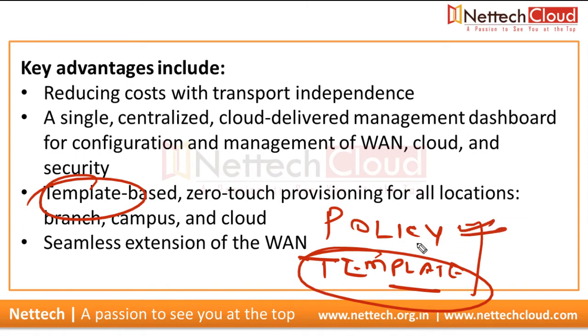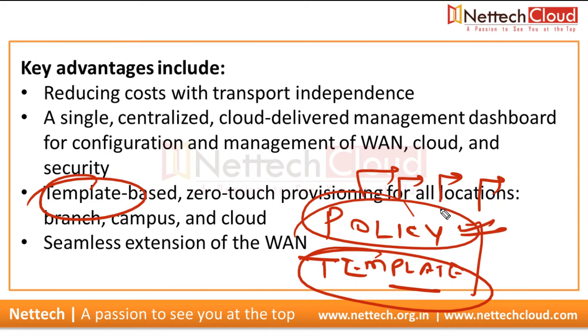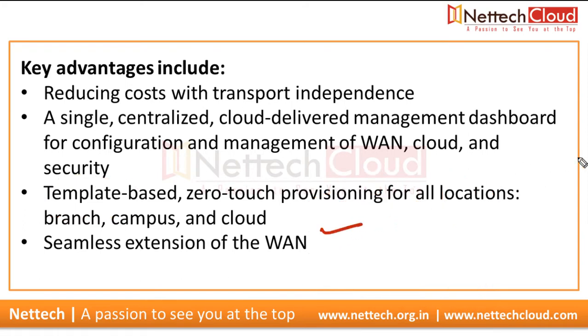Policy, as the name itself suggests, means configuring application aware routing, setting up preference value, changing topology, QoS policy, route filtering. So that's policy. Okay. And seamless extension of WAN, I have already explained this point.